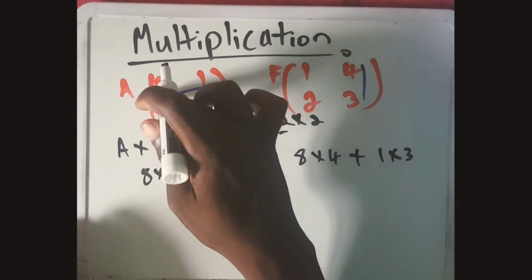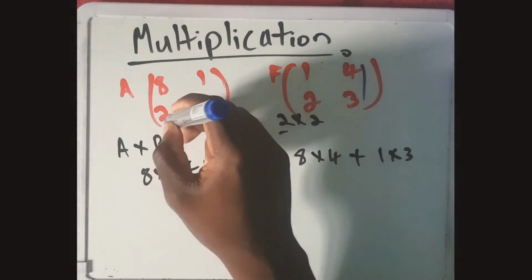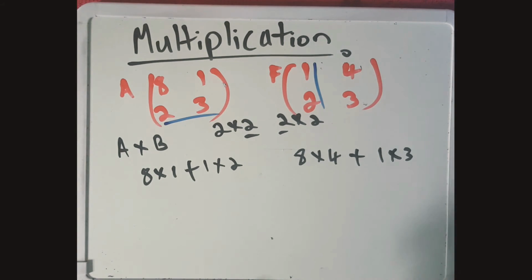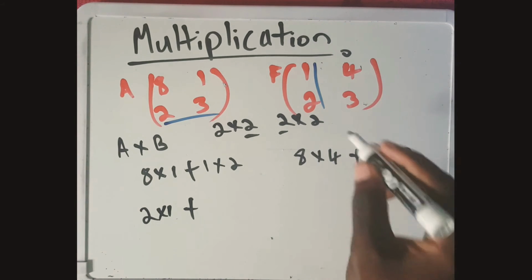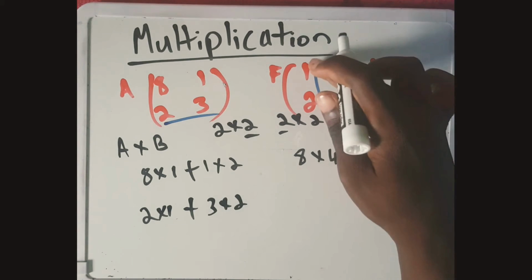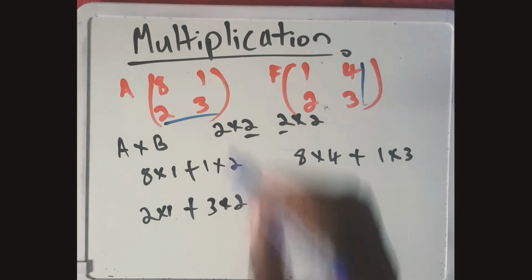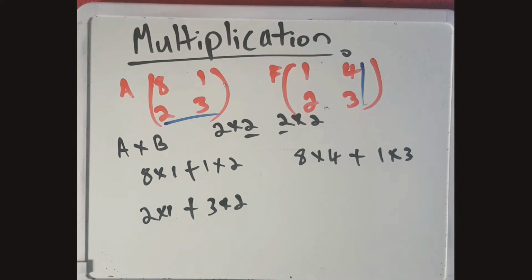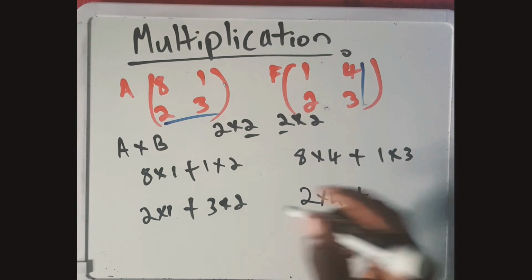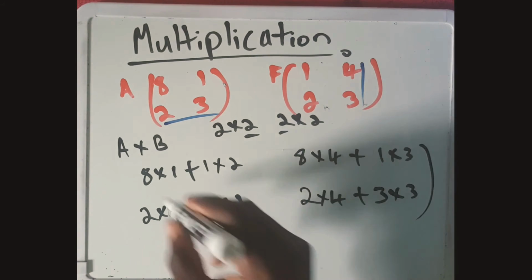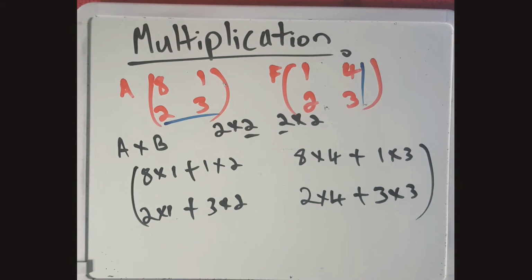And moving now to our second row, we go back to our first column. So 2 times 1 plus 3 times 2. And for the last element, we go to our last column using the second row again. So 2 times 4 plus 3 times 3. And that is it. Now we simplify.